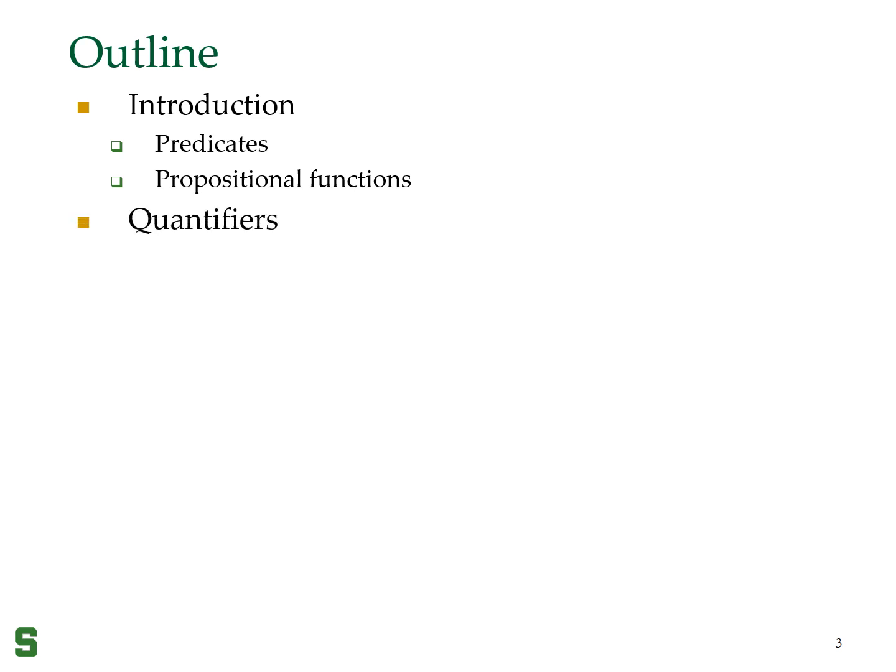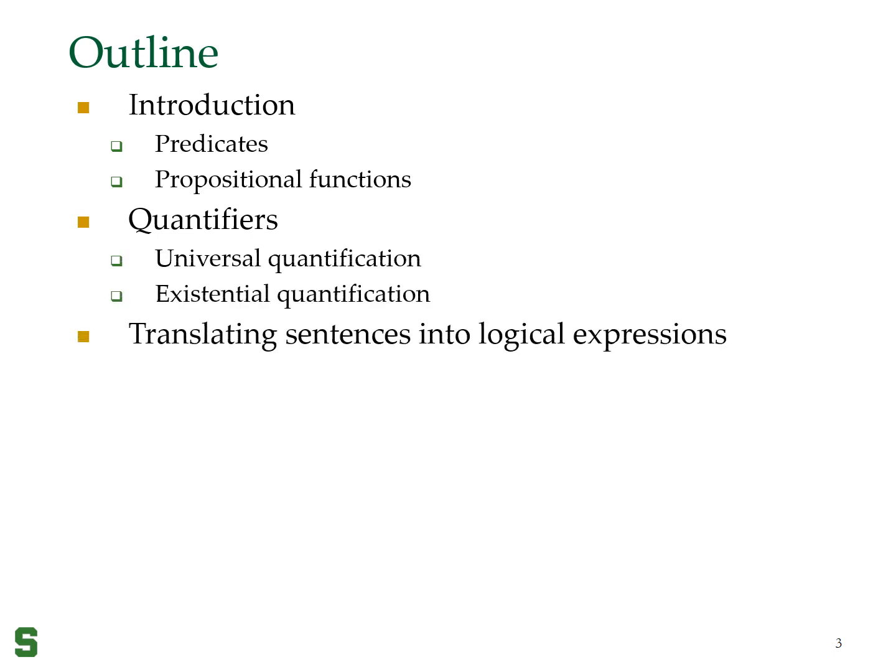Then I will introduce the two quantifiers, universal and existential, and then we'll look at how we can translate ordinary sentences that we might come across and convert them into predicate logic. We would need to do that in order to prove certain claims in those statements.